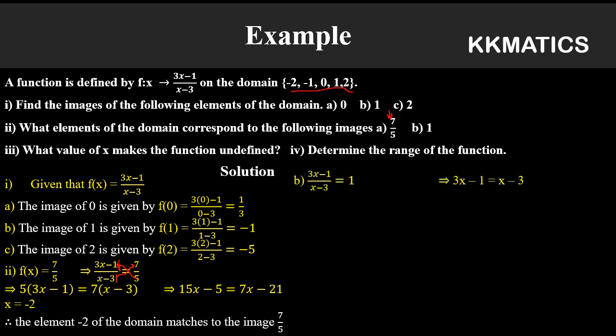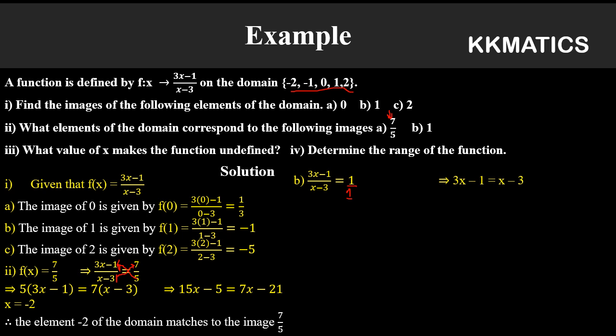Move to the next question. Here we do the same thing for the 1, equate it to 1, and cross multiply. Keep in mind, every whole number, there is always a 1 beneath that number. Any number that you have, there's always a 1 beneath it.